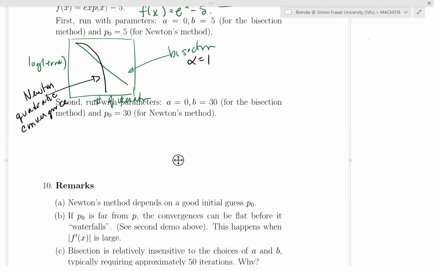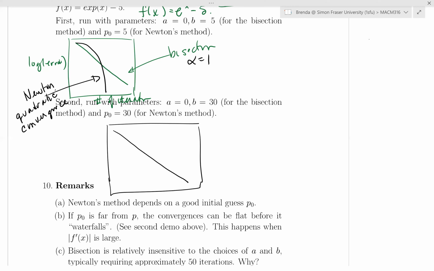If you have a poor choice for your starting value, like your starting value is far away from the actual root, then the bisection method does what it always does. It just kind of plods down and finds you the answer nice and robustly. Newton's method will be much slower off the outset, and then at some point it'll get close enough, and then it will waterfall.